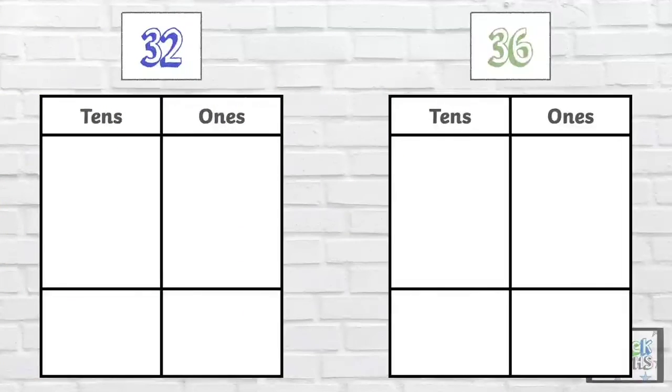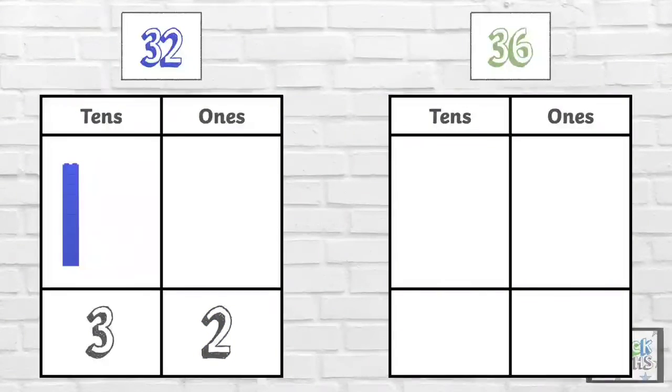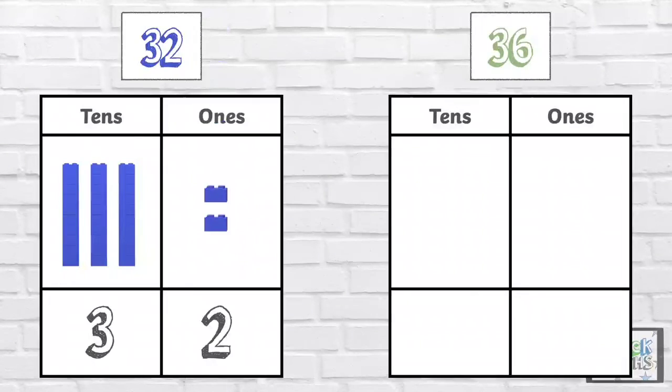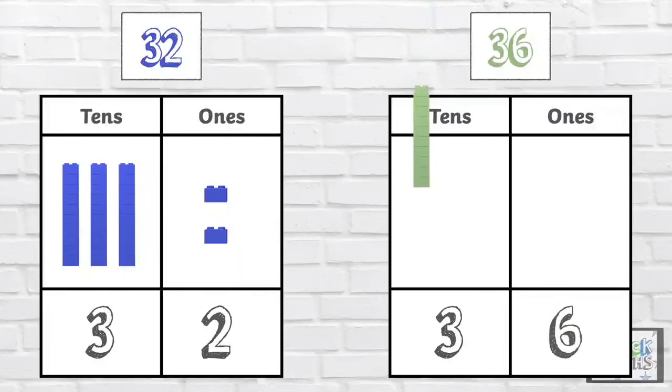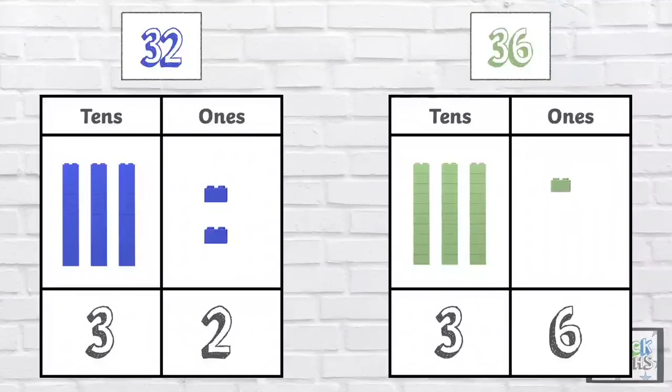Here are two more numbers. Which number is greater? The number 32 has 3 tens and 2 ones. 10, 20, 30, 31, 32. The number 36 has 3 tens and 6 ones. 10, 20, 30, 31, 32, 33, 34, 35, 36.